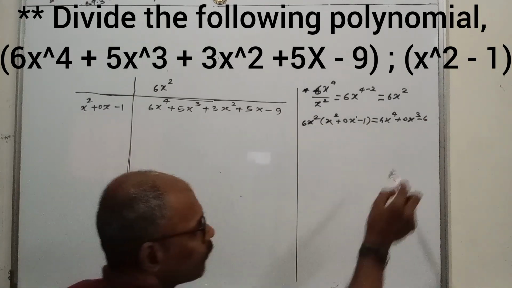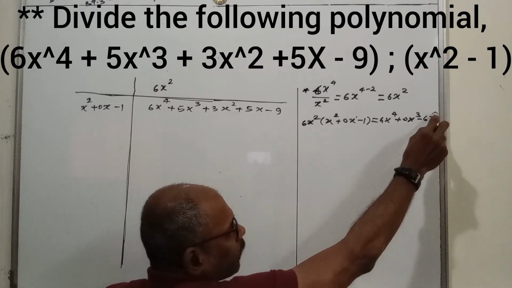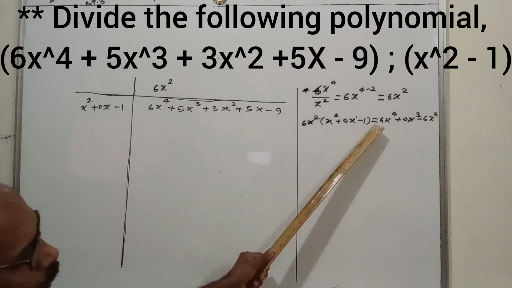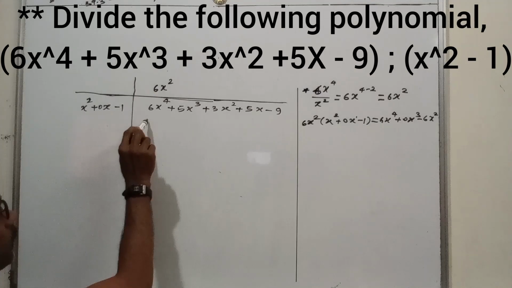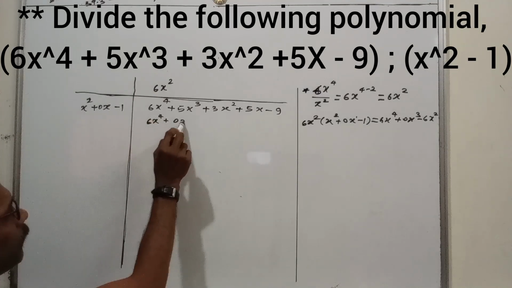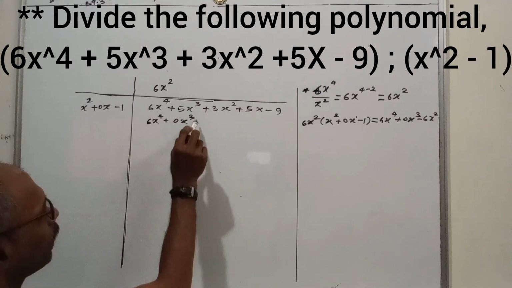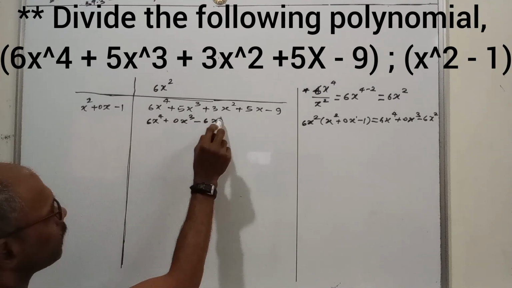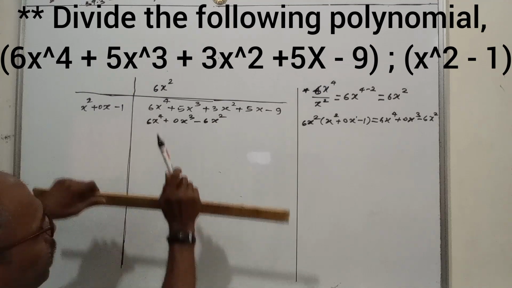Nothing here, so x square. All these three terms we write exactly below here. Then minus 6x square. Did you get it?